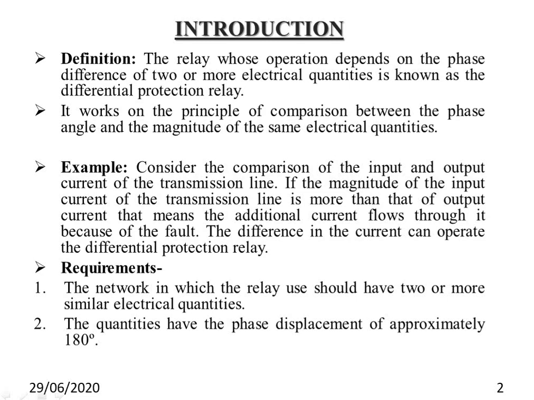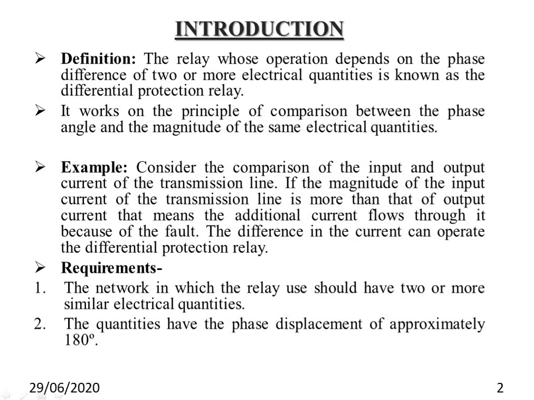Now, how has this additional current come? Actually, some fault has definitely happened. Due to that fault, that additional current has come in that transmission line. So this difference in the current can operate the differential protection relay. This is the example of differential protection.